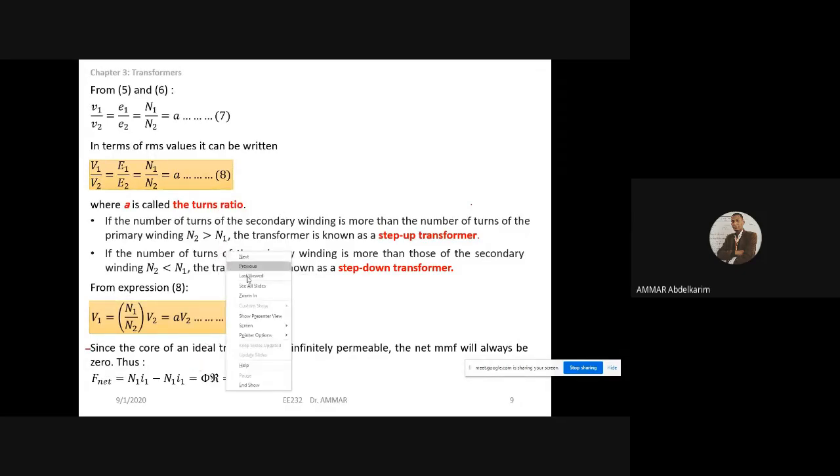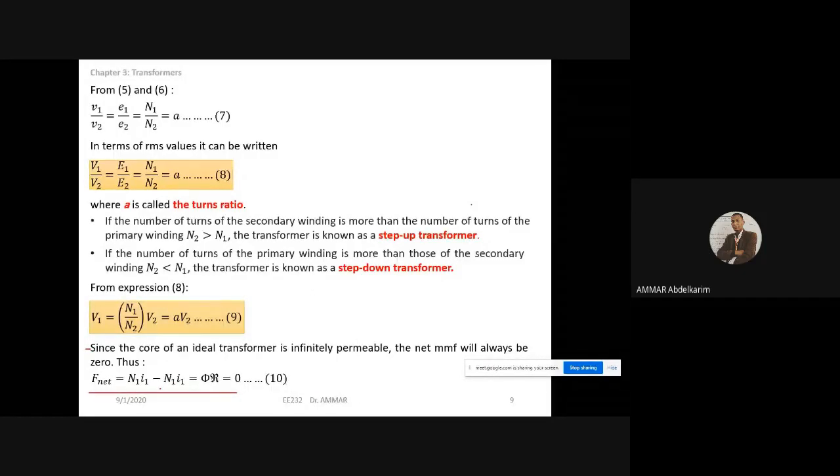Using this expression, the net MMF of the transformer equals 0. Sorry, here it should be N2 and I2. Because the reluctance is 0, the permeability is infinite.